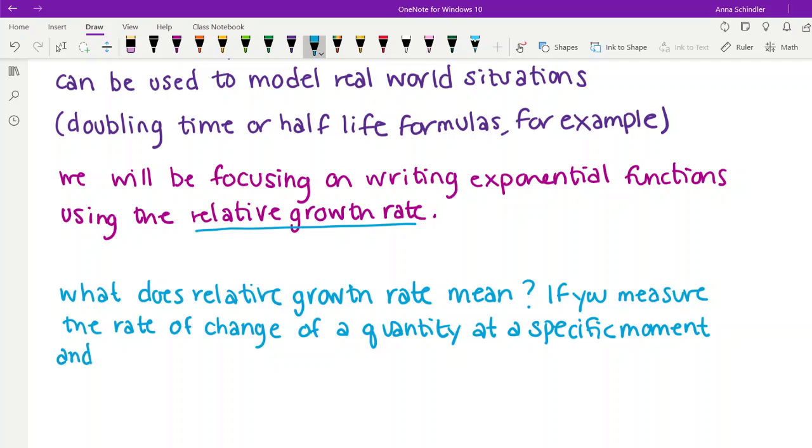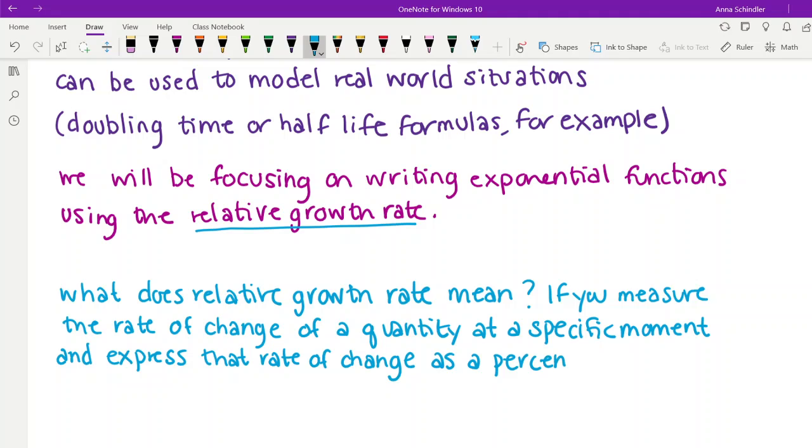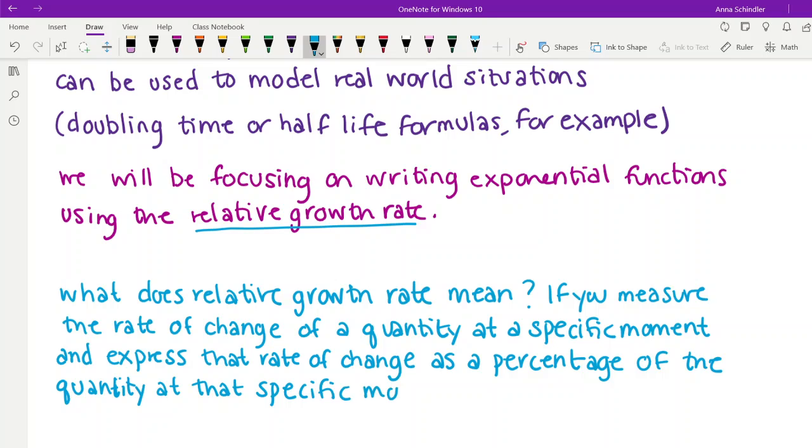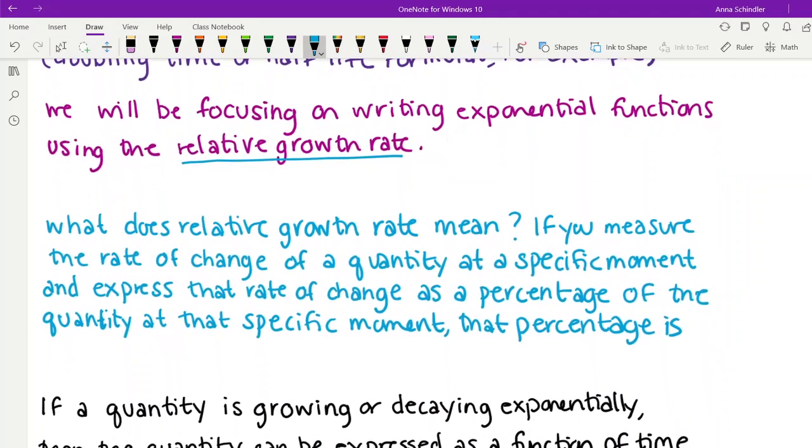If you then take that rate of change and you compare it, and actually I'll say it this way, if you express that rate of change as a percentage of the quantity at that same specific moment, that percentage is what's called the relative growth rate.